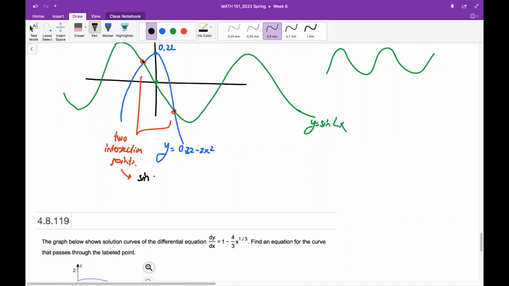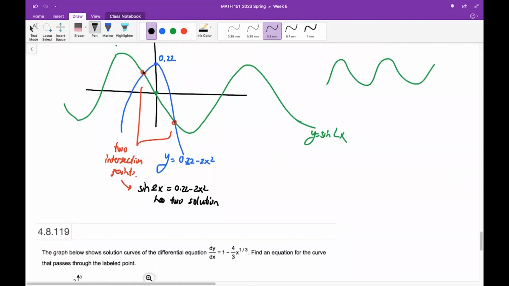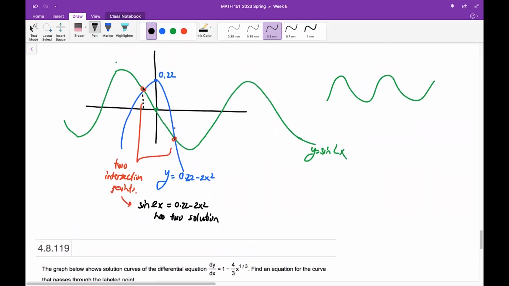Sine 2x equals minus 2x squared has two solutions, okay? Finding intersection points means that you need to solve those equations together. If you find the roots of these equations, there will be two, like this one, the first root, and like this one, the second root.